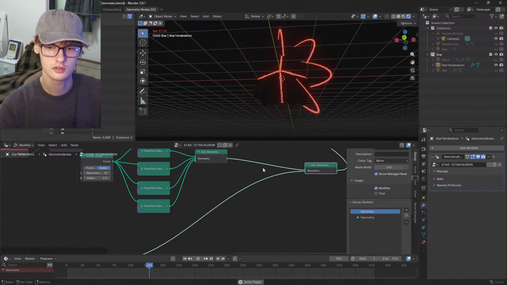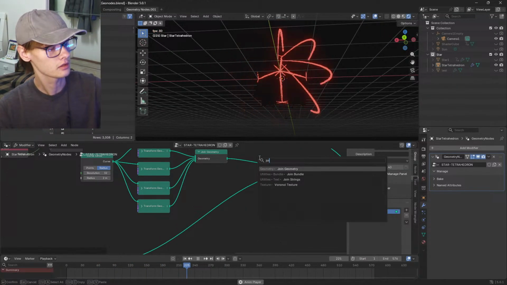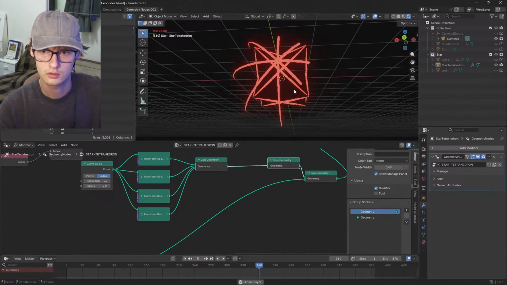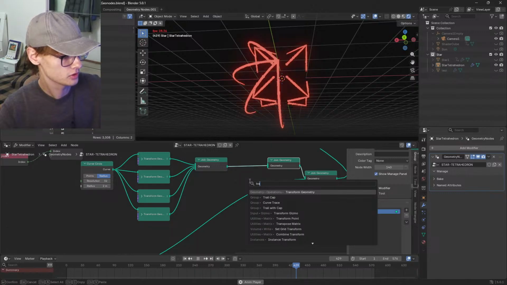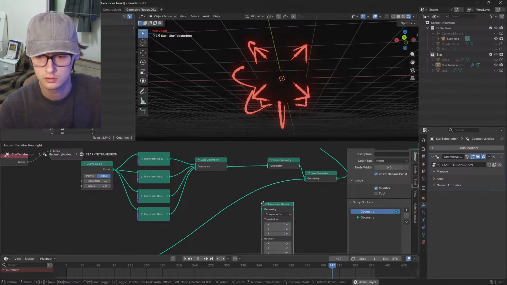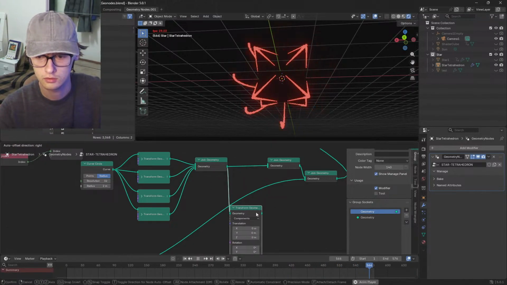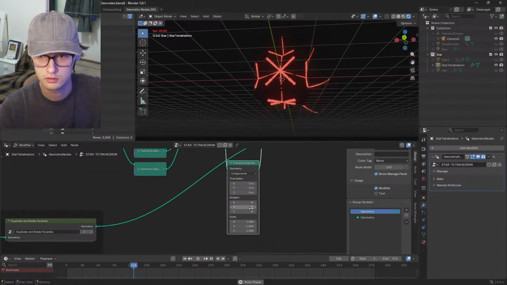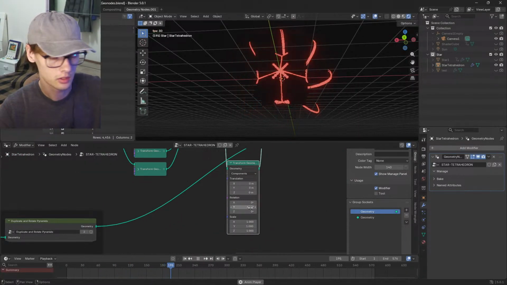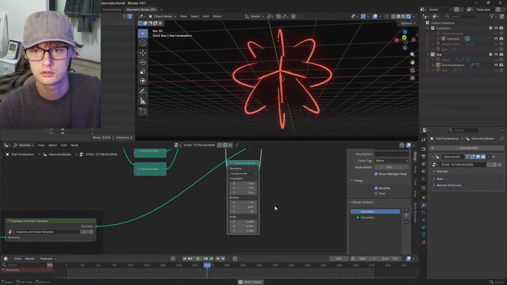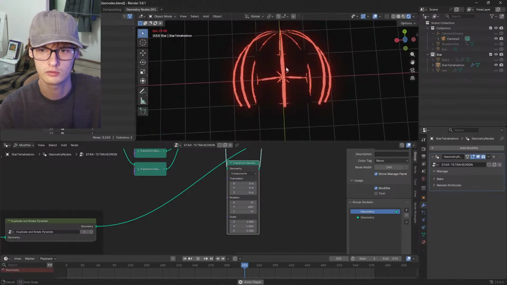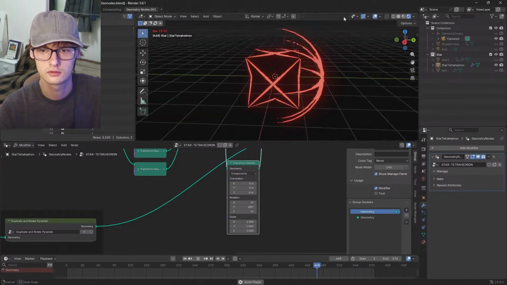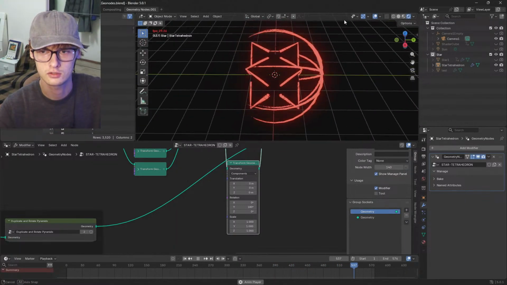And then if I get another join geometry node and get another transform geometry, and rotate it like 180 degrees. Yeah, that's cool. That's got an aura.